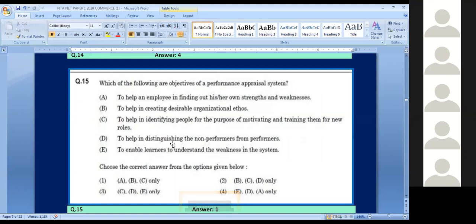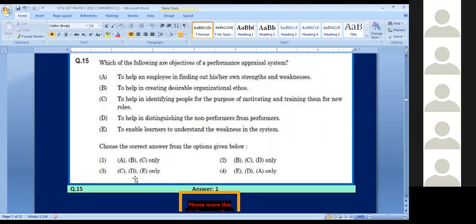So wherever D comes, rule it out. Now 2 and 3 are also ruled out. Option 1 is correct. To help an employee find his own strength and weakness, to help in creating desirable organizational ethos, to help in identifying people for the purpose of motivating and training them for new roles.